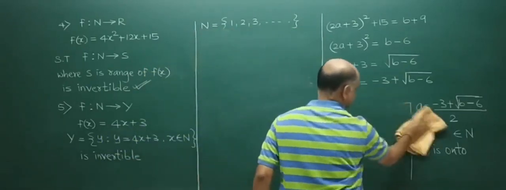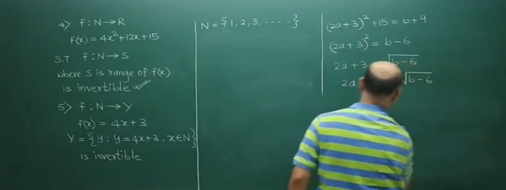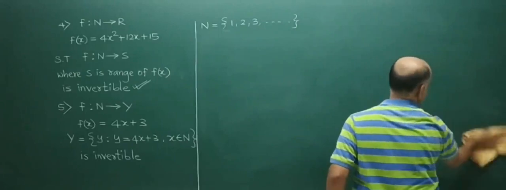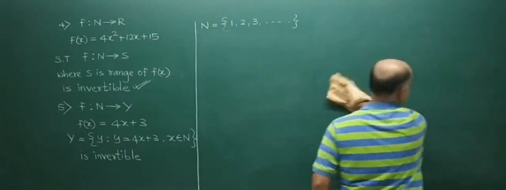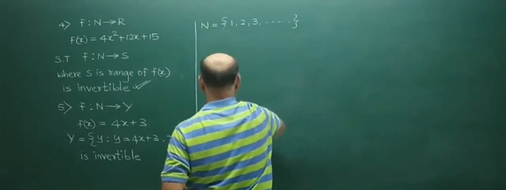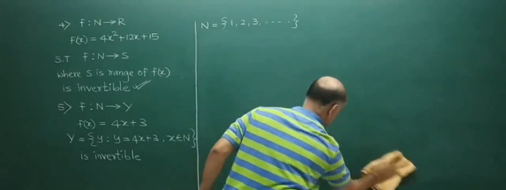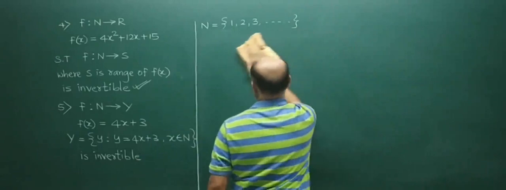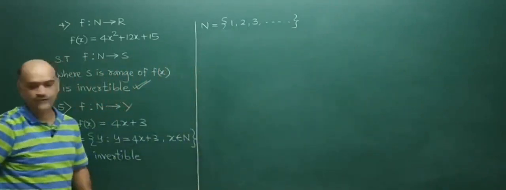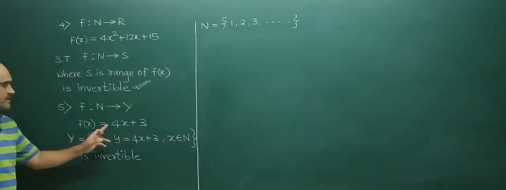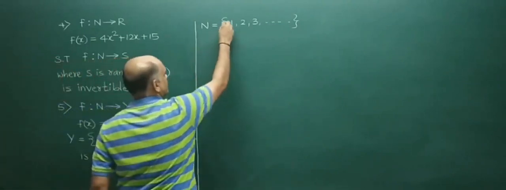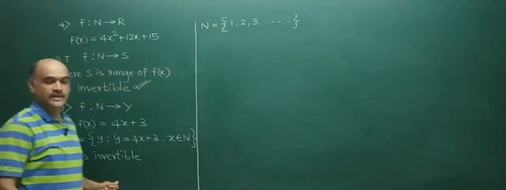So fifth. If I go for the fifth one, N to Y he has given, so again N is 1, 2, 3, and so on.